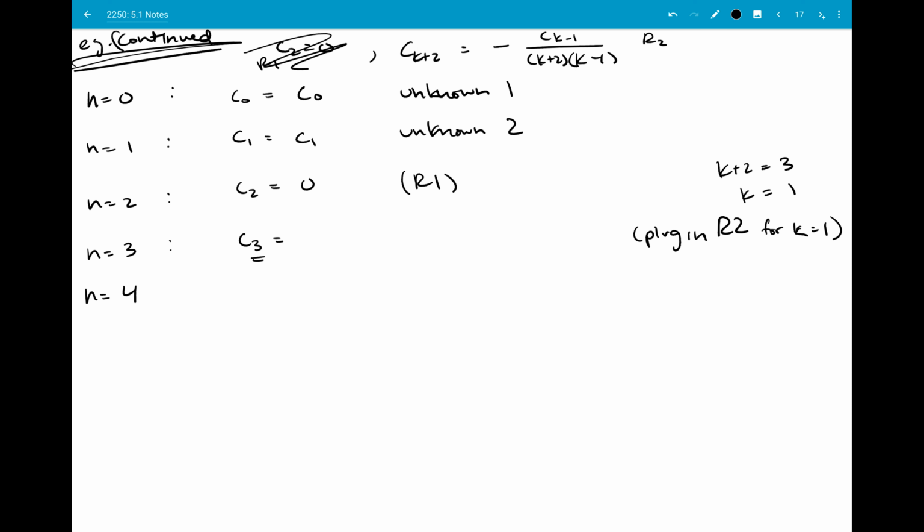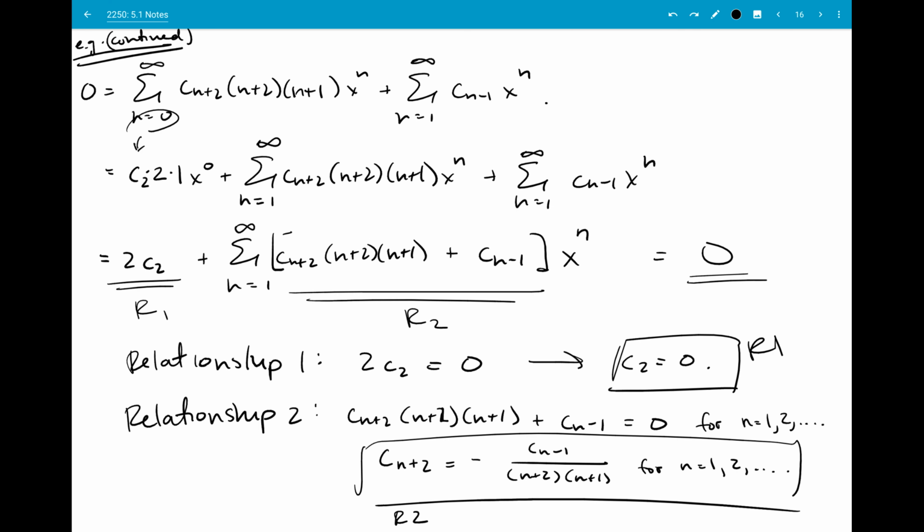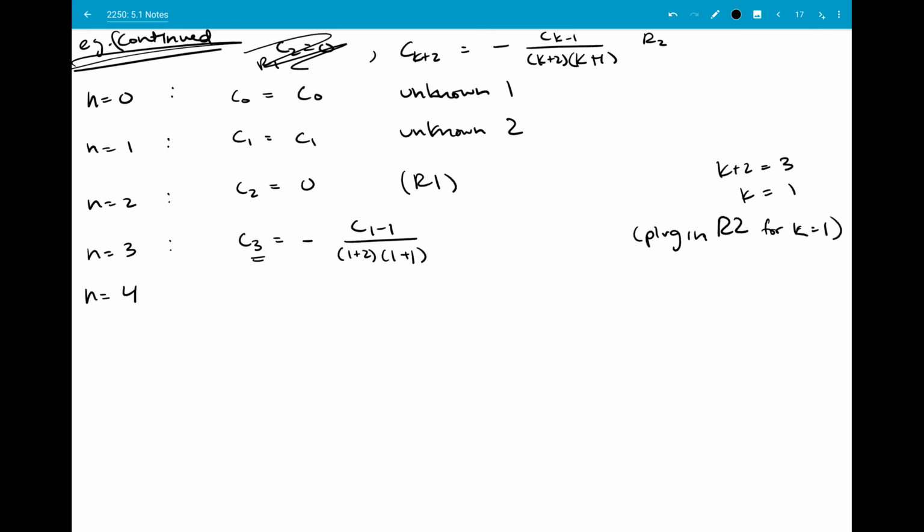So then that would tell me that C3 is equal to minus C_{1 minus 1} over 1 plus 2 times 1 minus 1. Oh, good news. That wasn't k minus 1, that was k plus 1. I probably just erased that minus sign a second ago. Okay, so that's minus C0 over 1 plus 2 is 3, 1 plus 1 is 2.